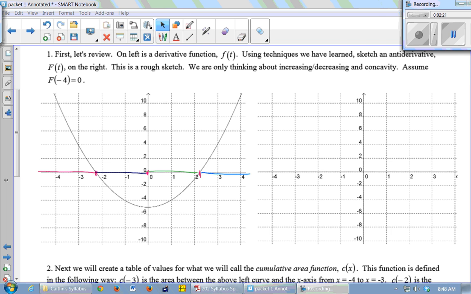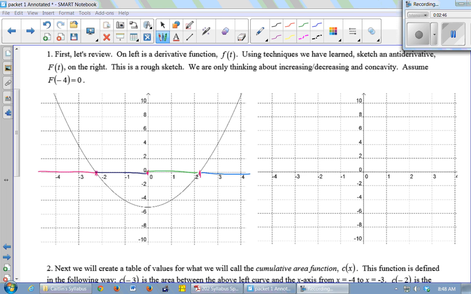So I already broke this derivative function into 4 important intervals, because what I'm looking at in the derivative function is where it is positive, where it is negative, and where it is increasing, where it is decreasing. I broke it into these 4 intervals because something changes on each of them. For this first interval, in pink, the derivative is positive and decreasing.